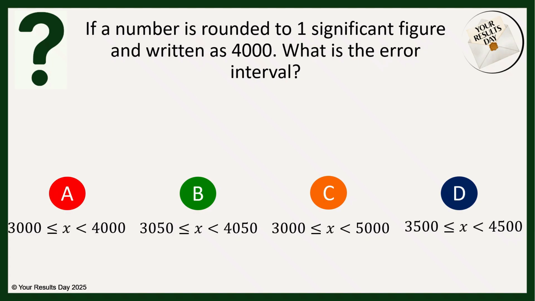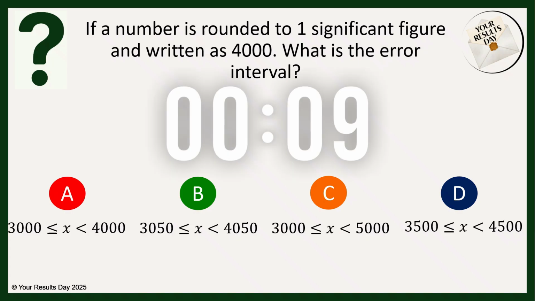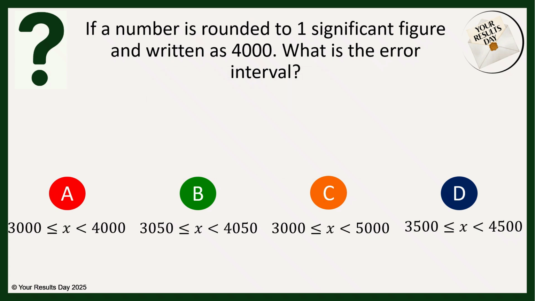Here are your options. Possibly a little bit trickier on that one, because 1 significant figure for a number in the thousands is the same as rounding to the nearest 1,000, so you had to remember to split 1,000 and subtract 500 and add 500, meaning your answer was D.